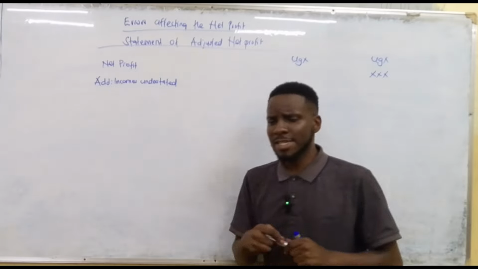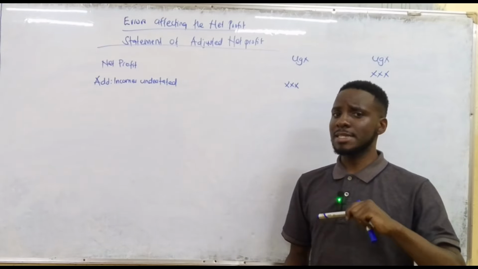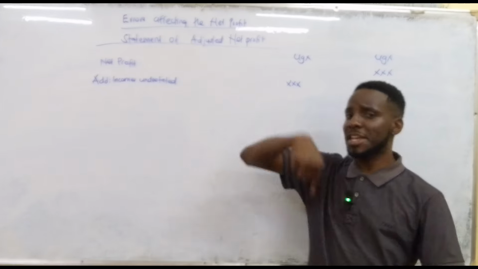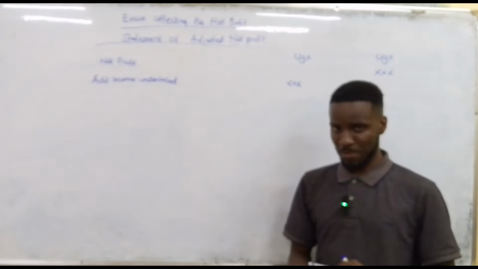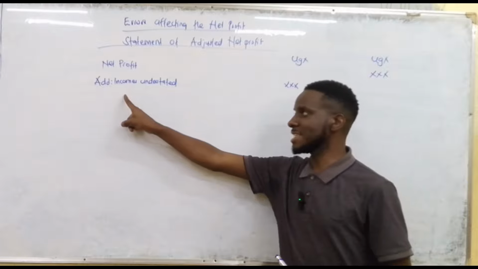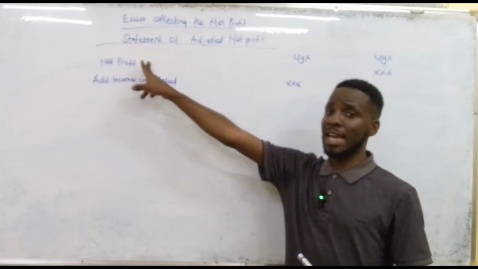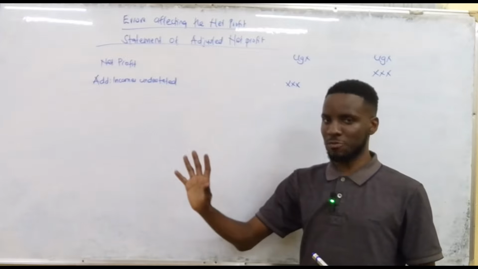You very well know that if incomes are understated, that means we are going to have a net profit which is less, because if incomes are not at the right level but have been understated, put down, that means we are reducing the net profit. So when incomes are understated, our net profit is going to be less than the actual value.